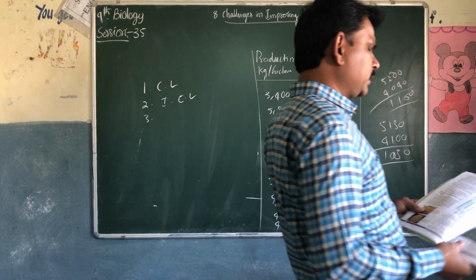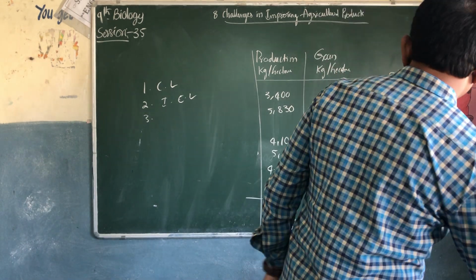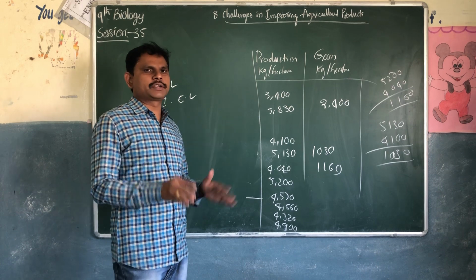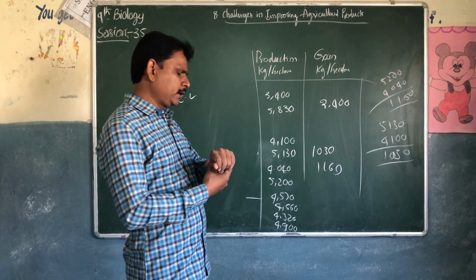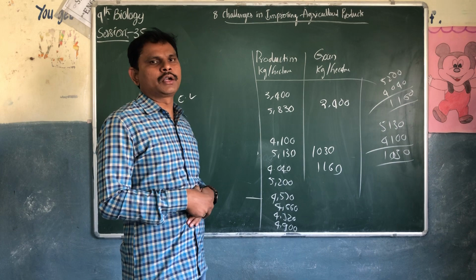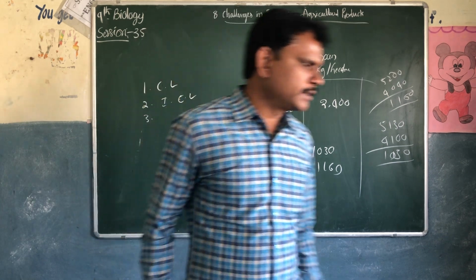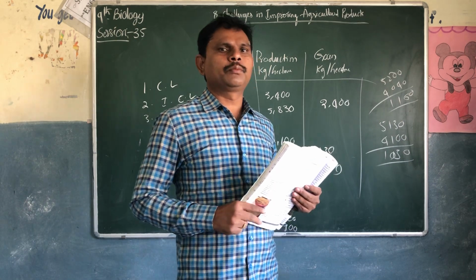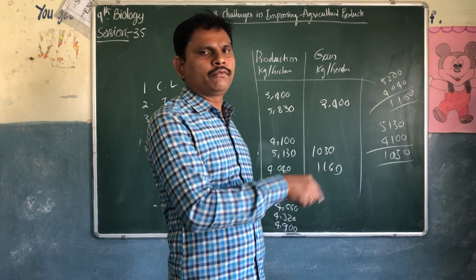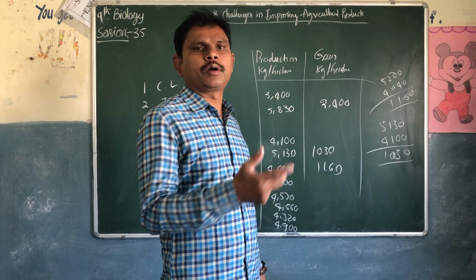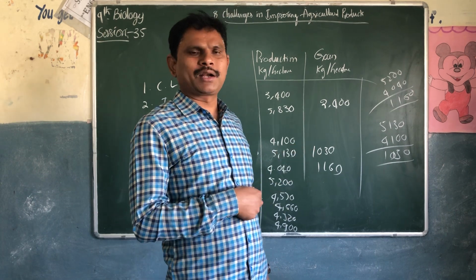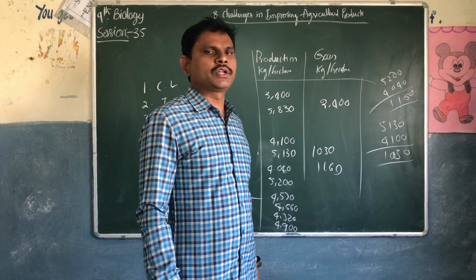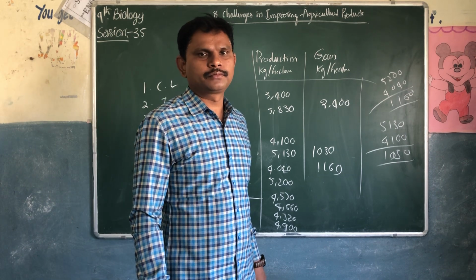High yielding varieties. Next one is irrigation. What is irrigation? Supplying sufficient water to the crops. If you supply sufficient water, the crops will grow properly. Where plenty of water is there, plenty of crops will grow. Where there is less water or water scarcity, there is no chance to get more production.